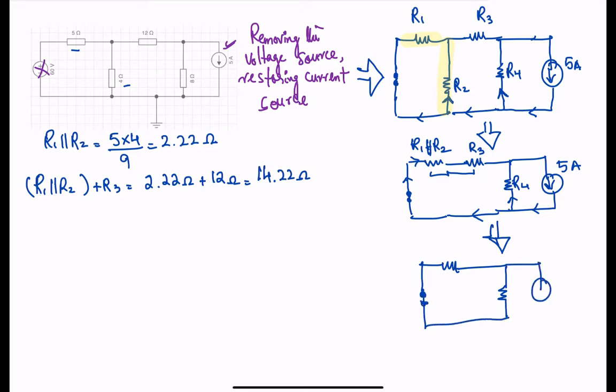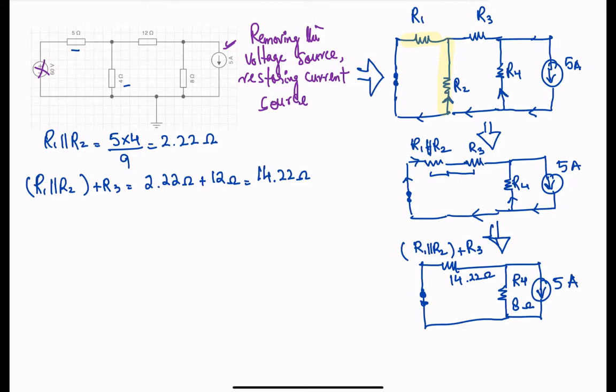You have this 5 amp source here. This is your R4, and this is your R1 parallel to R2 in series with R3, which we just calculated as 14.22 ohms, and R4 is 8 ohms, correct?